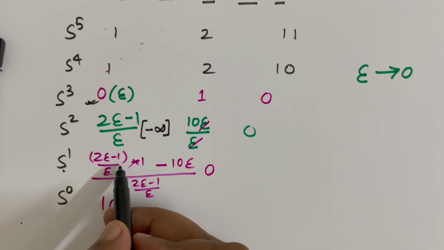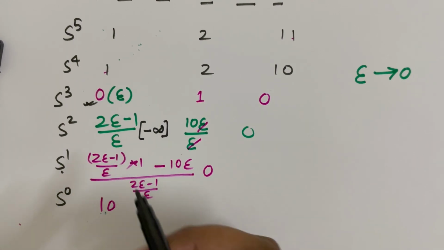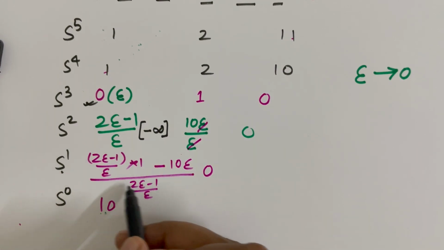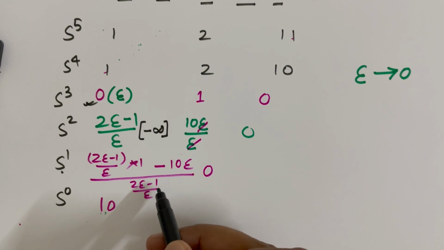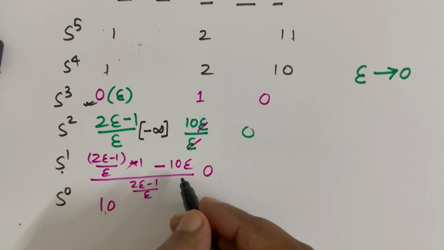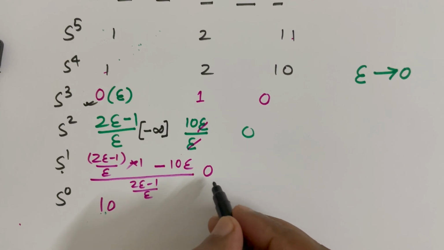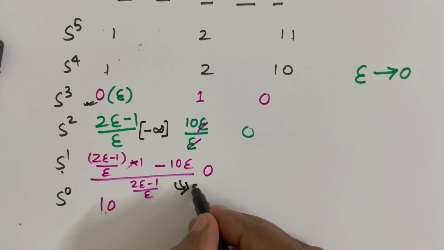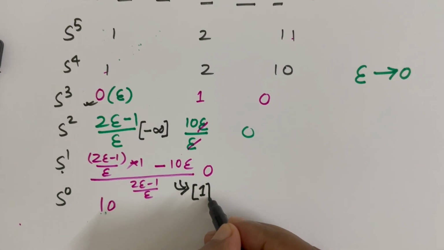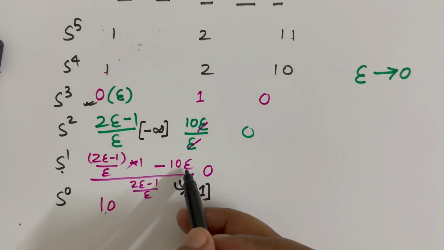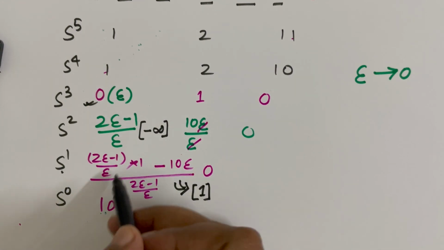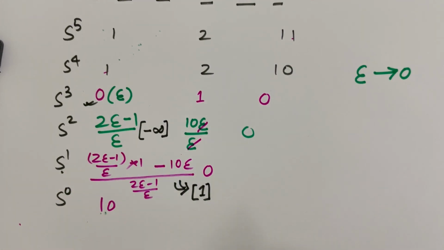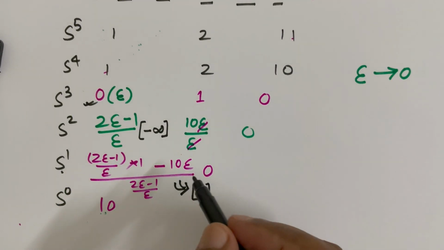It will become 2 epsilon minus 1, then minus 10 epsilon square, divided by 2 epsilon minus 1. If I do the calculation with epsilon tends to 0, this will give me a value which is 1. Applying epsilon as 0 everywhere, it is minus 1 divided by minus 1, it is plus 1.